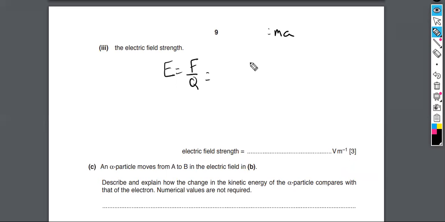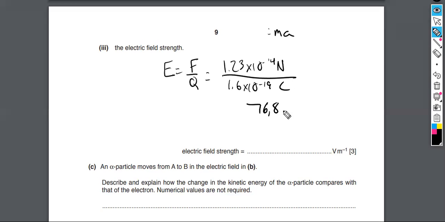So we have 1.23 times 10 to the negative 14 newtons over the charge on an electron, 1.6 by 10 to the negative 19, the elementary charge. 1.23 by 10 to the negative 14 divided by elementary charge 1.6 by 10 to the negative 19 equals 76,875 newtons per coulomb or volts per meter.